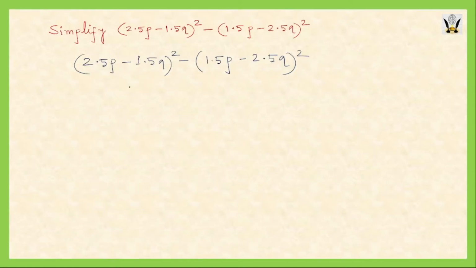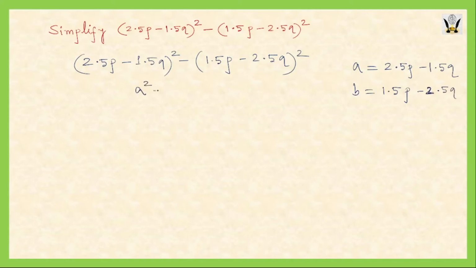This will be our final simplified answer of this algebraic expression. Now you have to simplify this next expression. What we can see here is we have this format a square minus b square. In this case, a is equal to 2.5p minus 1.5q and b is 1.5p minus 2.5q.